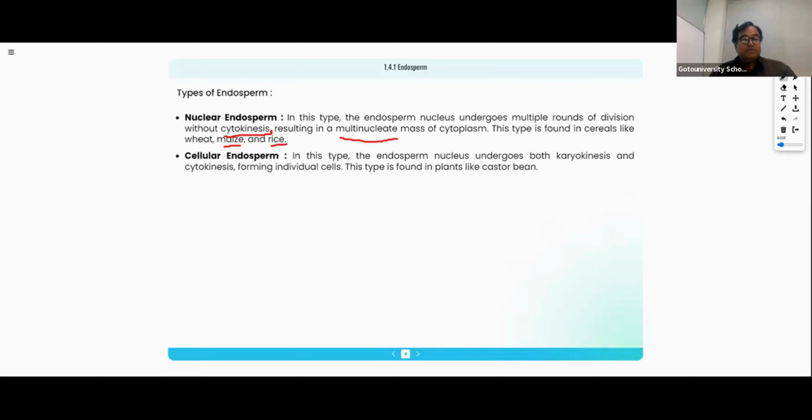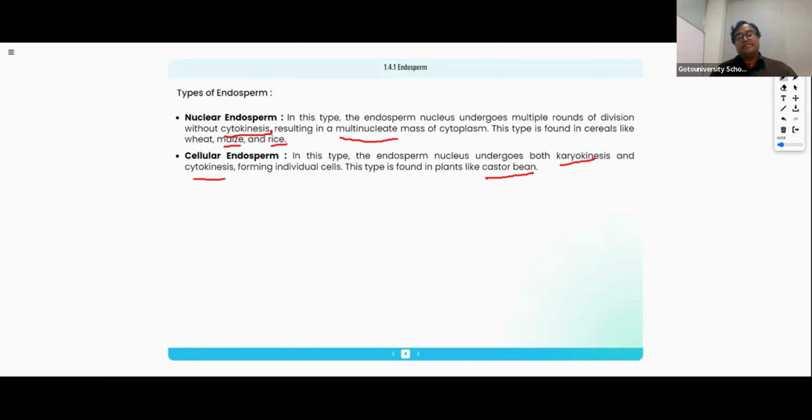If you're talking about cellular endosperm, it is a structure observed in the endosperm that underwent karyokinesis as well as cytokinesis, and that is the reason why it has a single nucleus, okay, which we observe in the case of castor bean. We know very well biodiesel is prepared from castor bean oil, right?